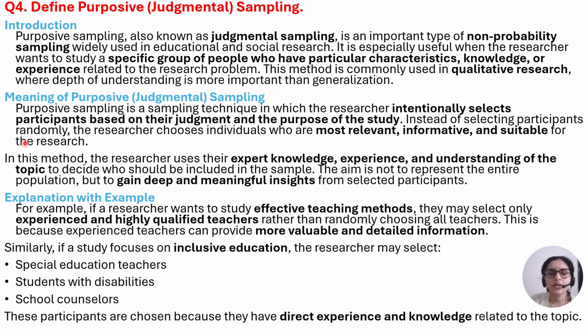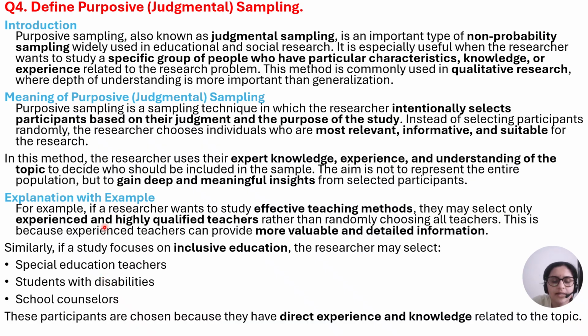This is not a random selection method. He will choose the individuals who are most relevant, informative, and suitable for his research study. In this method, the researcher uses his expert knowledge, experience, and understanding of the topic to decide who should be included in the sample.